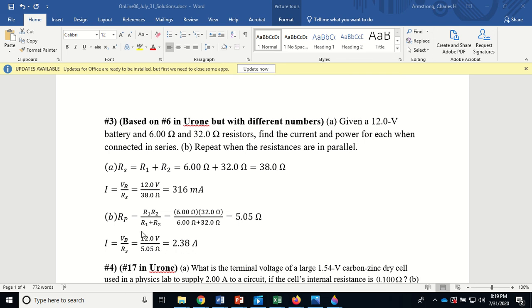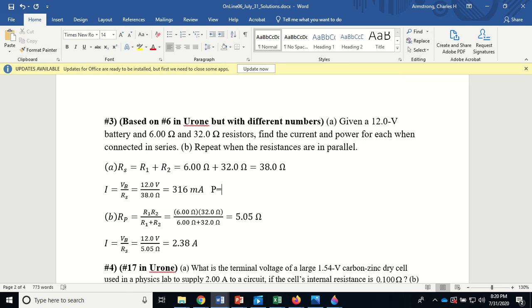And then for the power, you just multiply them. So for this one, it's current times voltage. The current is 316 milliamps times voltage 12.